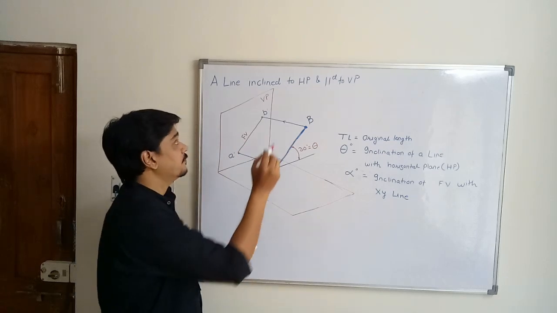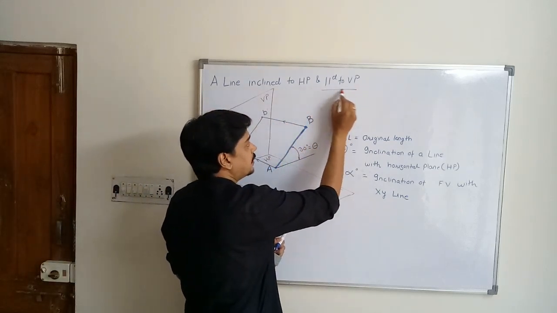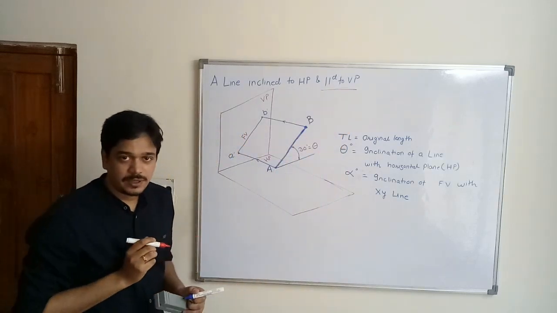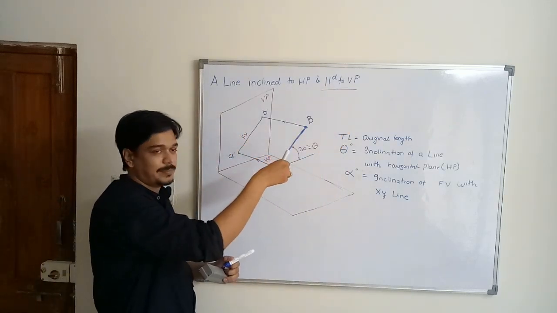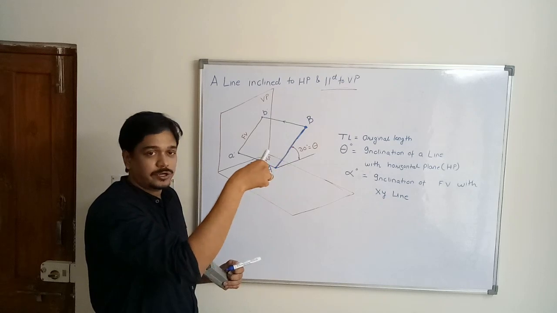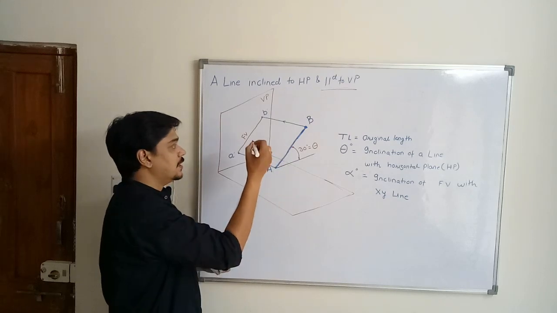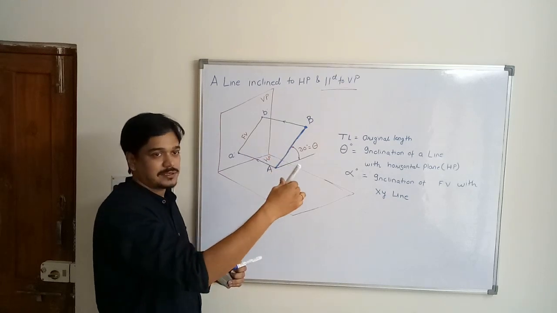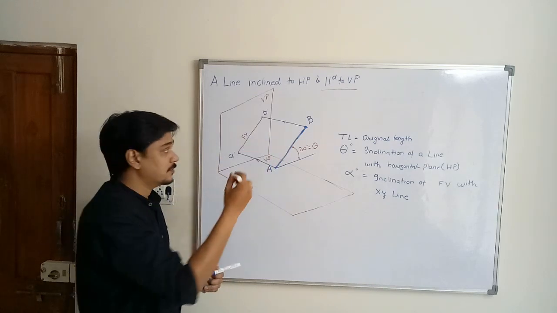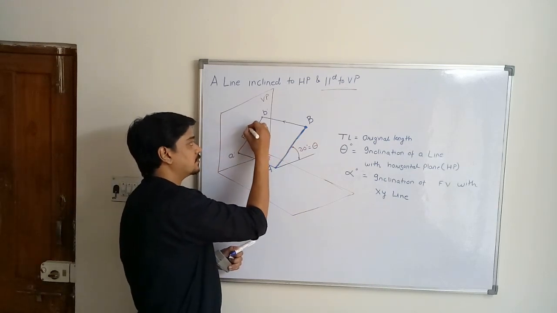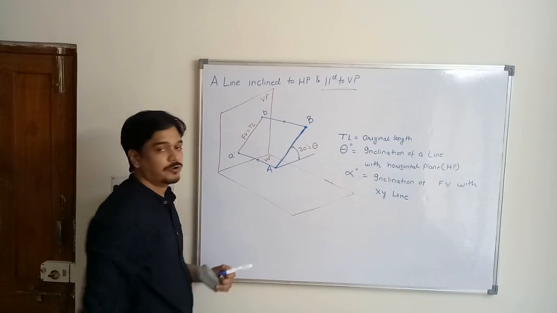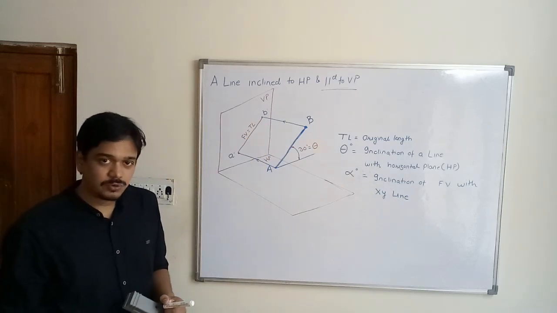But since the line is parallel to vertical plane, the true length of the line will be the same as the front view length. So what is the true length?